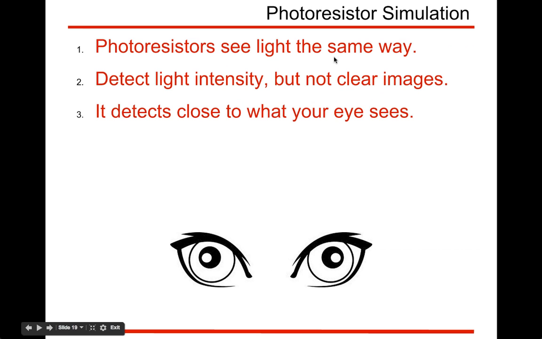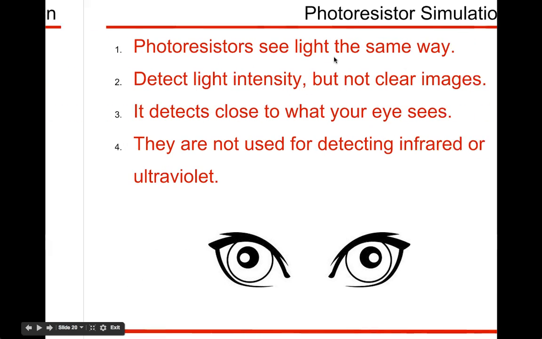And you can't really see too far. If you put your arm way out far from the light source and way out far from you, with your eyes closed, it doesn't really detect that. It detects what's kind of up close. So there is a limit to these photoresistors, but knowing that there's a limit and knowing what they are used for is very powerful, especially when you're building circuits or robots or something like that.